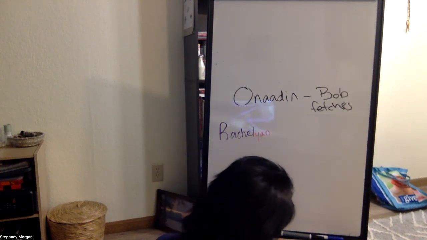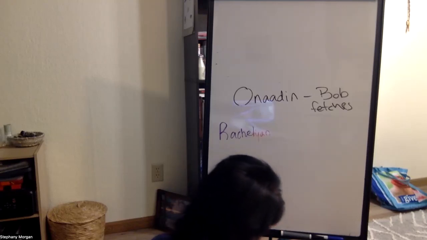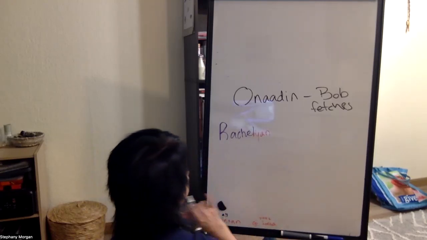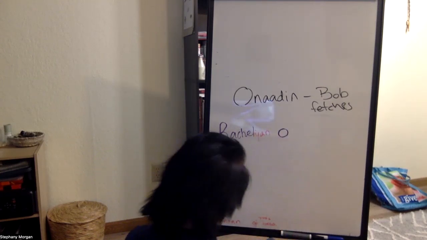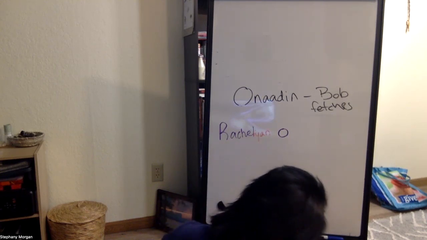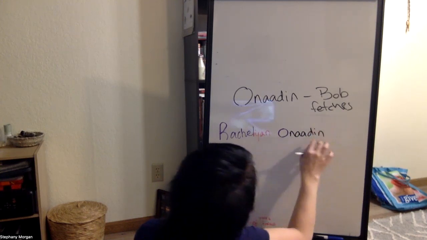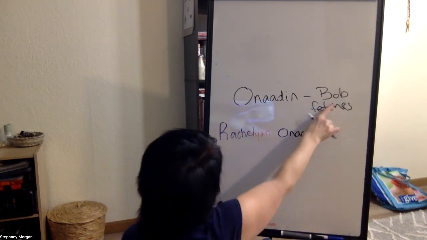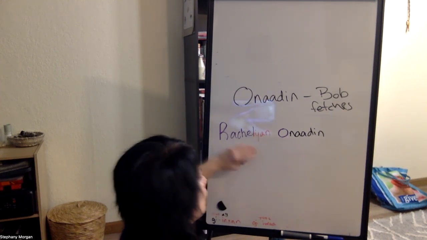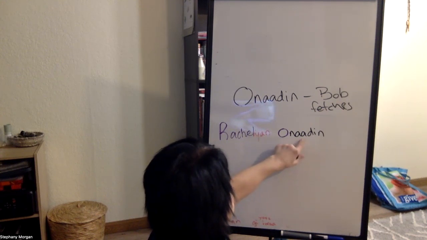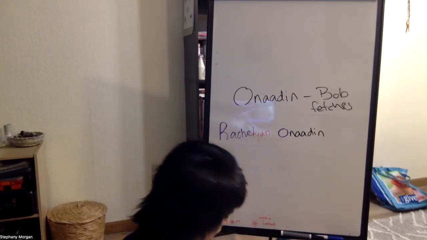Again, she's just as important as a person. It's just grammatical importance. And then let's say she is also fetching something else. So she is O. Not in, oh, this is ween form. We can't do that because Bob is ween. Because if we did this, it would look like we're talking about Rachel, and then all of a sudden Bob is fetching something because this is the Bob form. It doesn't have a marker on it that indicates fourth person.